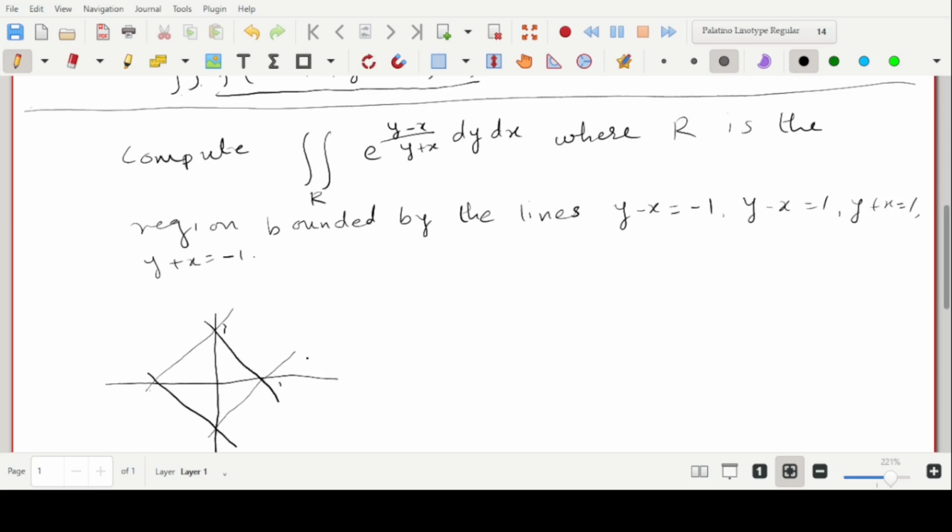It is not impossible, but certainly not easy to do that. So here we may think of changing the variables.